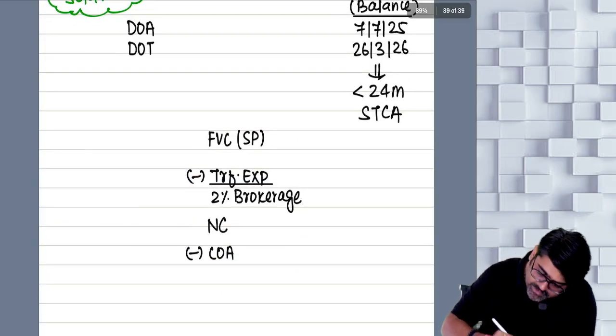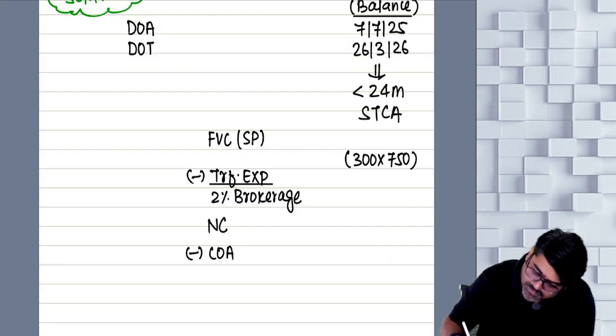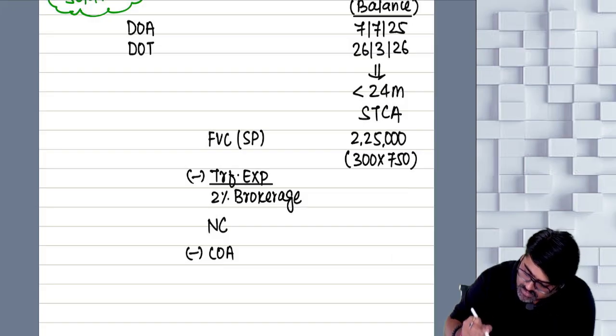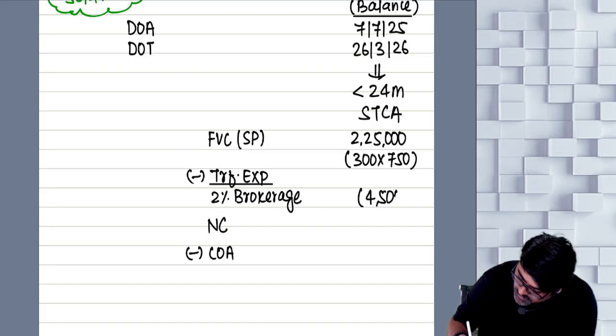What is the selling price? Tell me now. The shares are sold for 750. So 300 into 750 will give me 2,25,000. Getting me or not? Next one, 2% brokerage. How much? 4,500. Reduce that. 2,20,500.